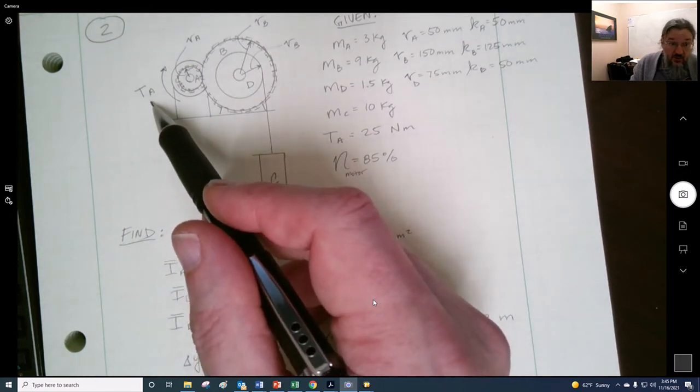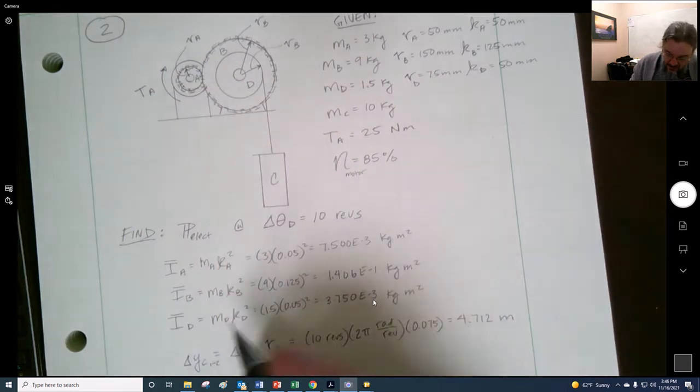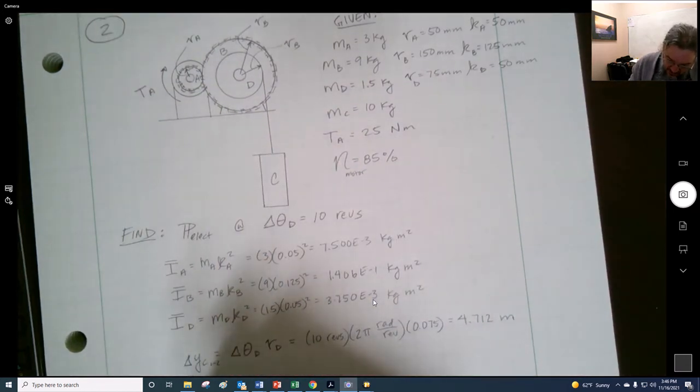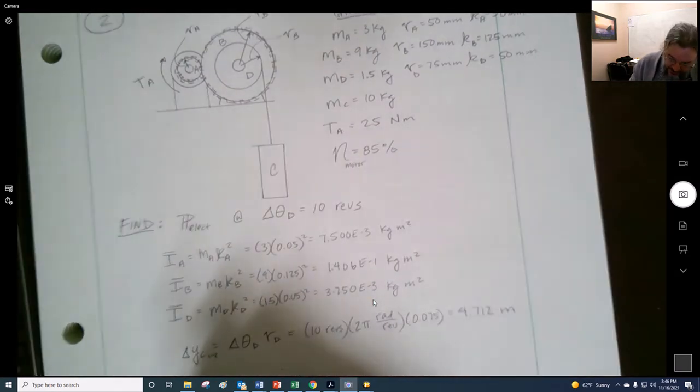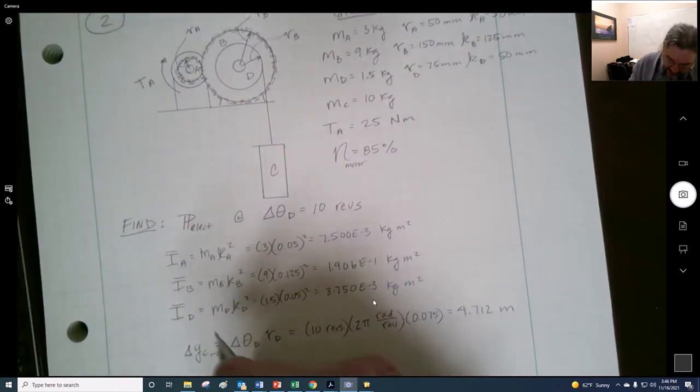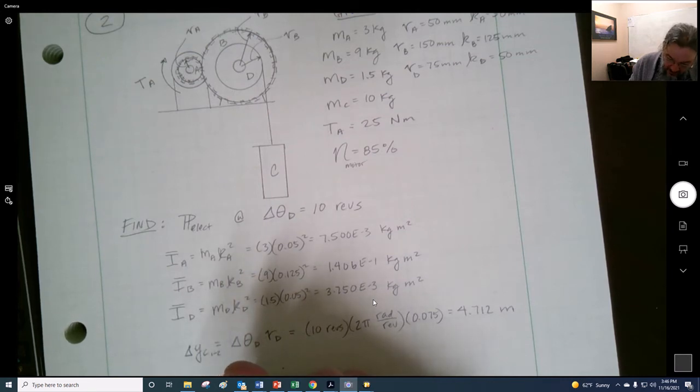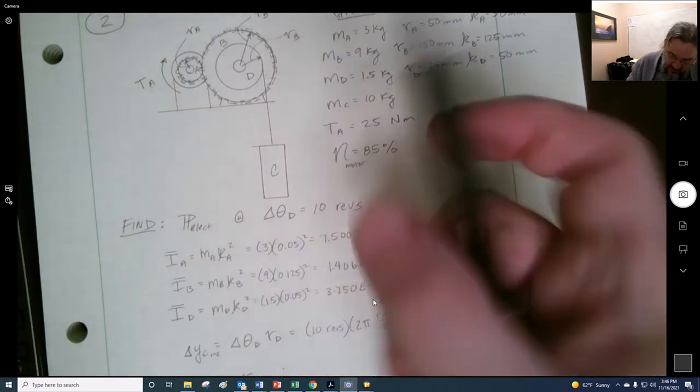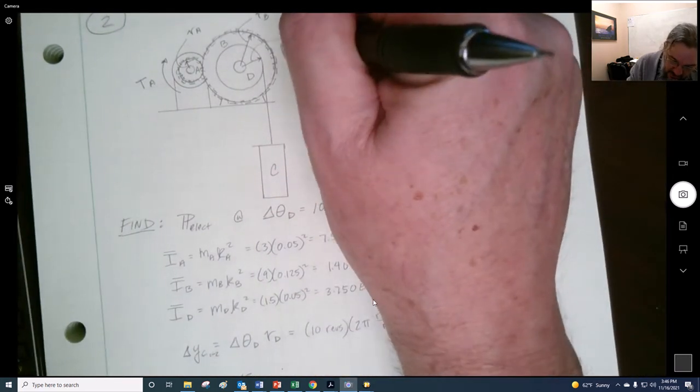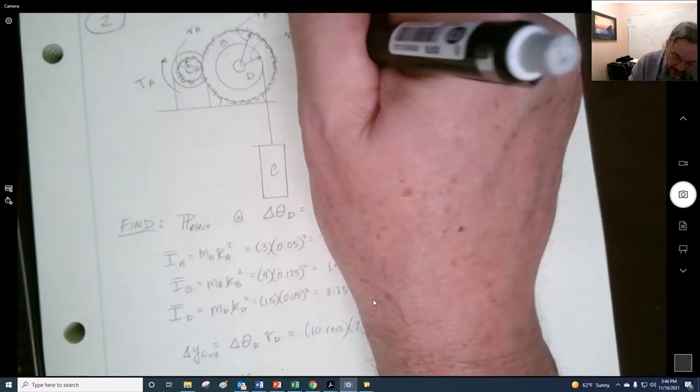So let's look for the angular velocity of A. I'll start out by going backwards and say velocity of C is going to be the angular velocity of B times RB. I labeled this wrong over here, by the way.